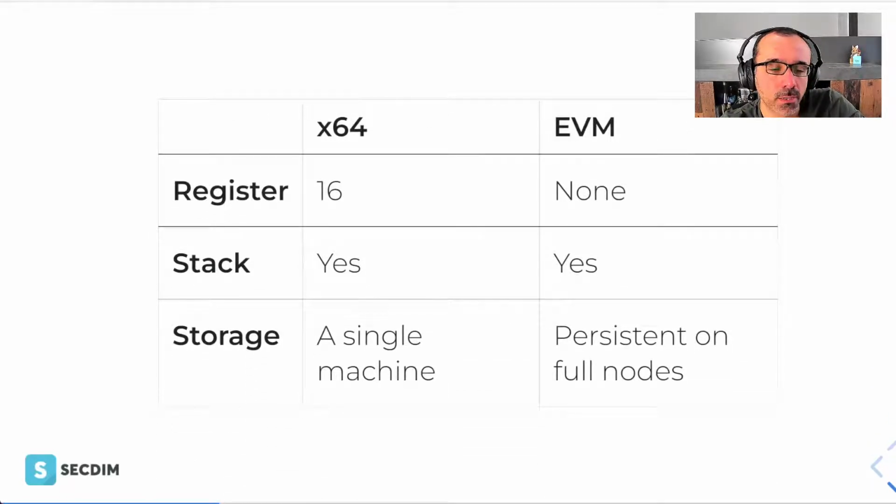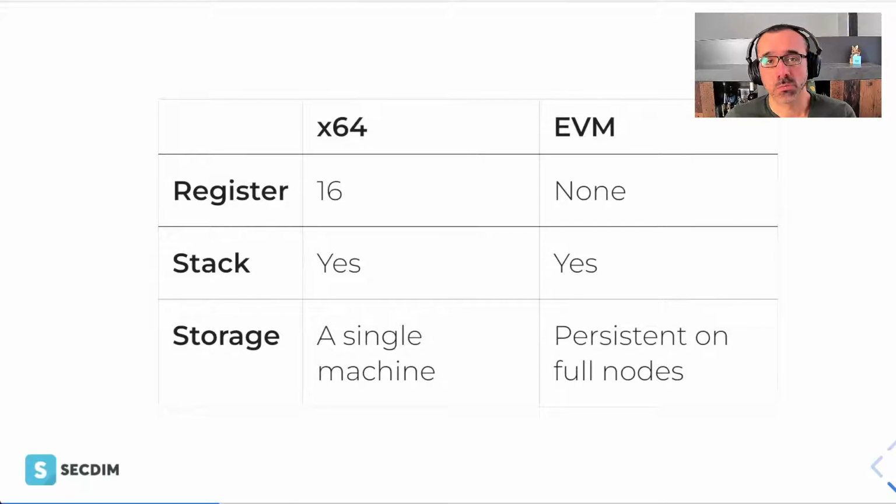First thing is, if you have done some computer science related courses before, you may remember the concept of registers. For example, in x64, the CPU contains at least 16 registers, which the CPU uses for the majority of arithmetic operations.